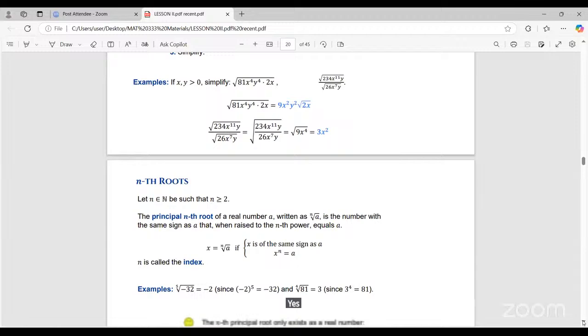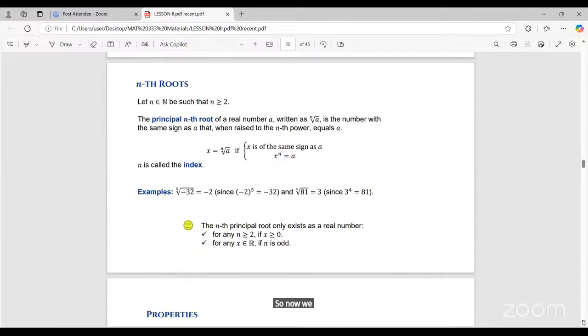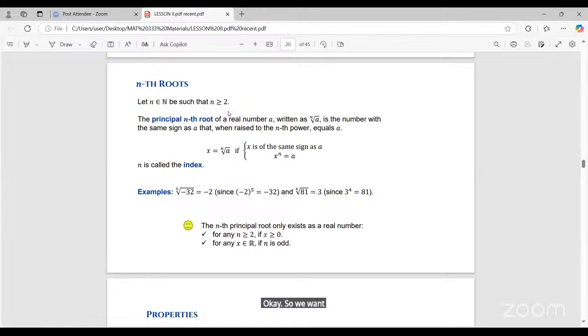So now we are looking at the nth root. Let n be such that n is greater than or equal to 2. We have looked at normal square roots and the rest.